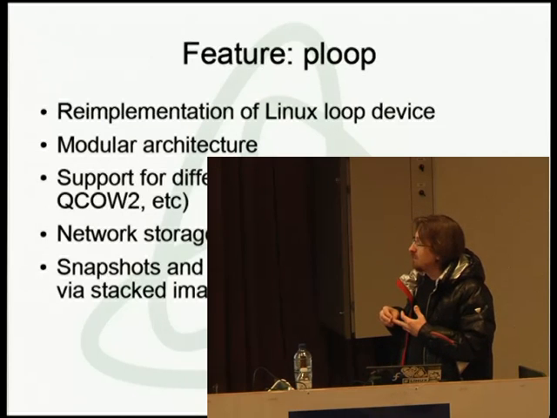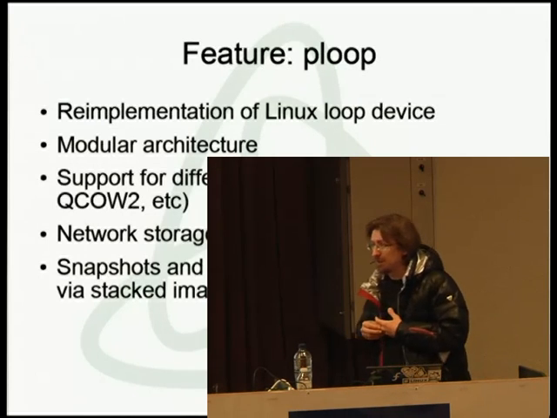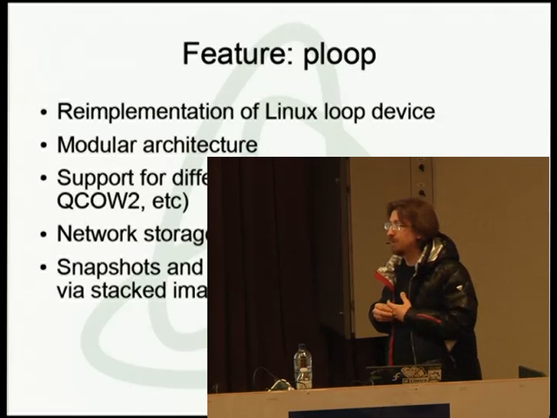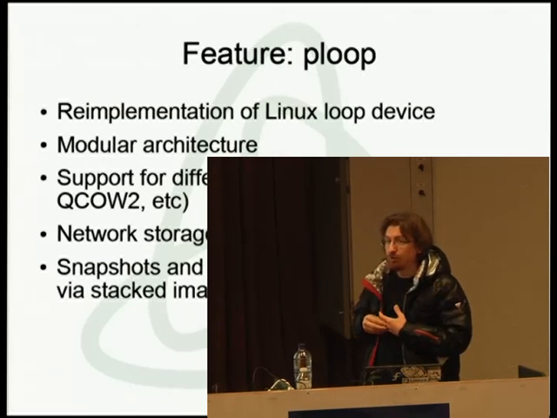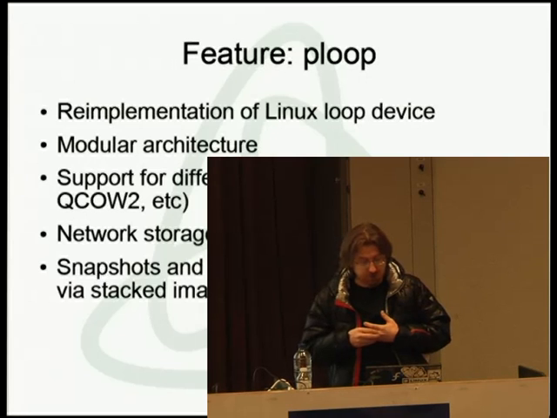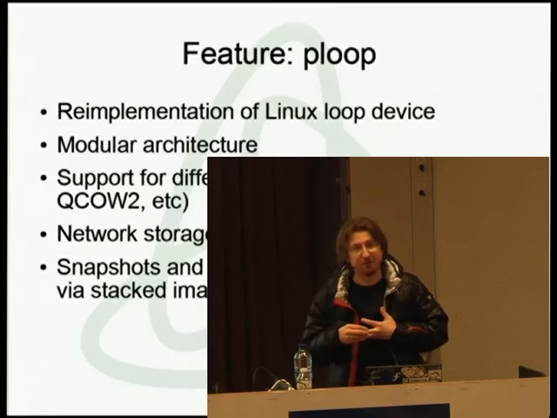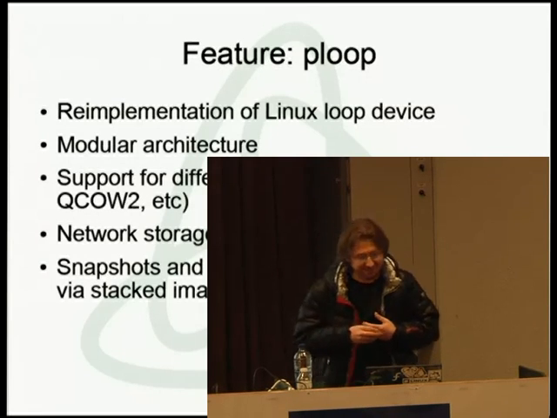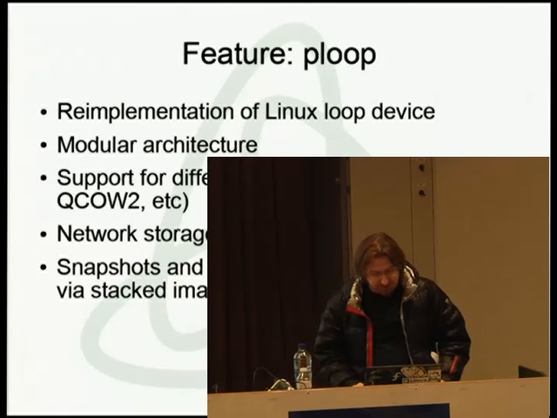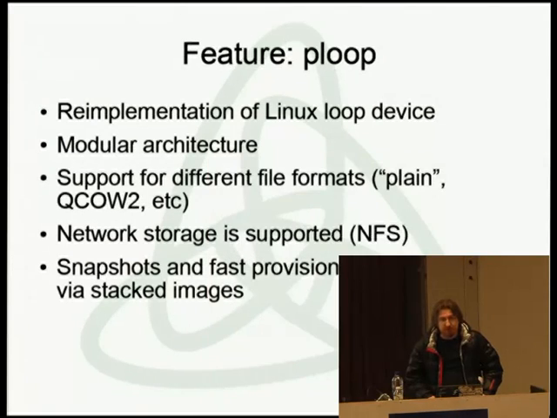So for that, we kind of re-implemented the Linux loop device, but we did it in a modular fashion. So it's not, let's say, a stupid loop device, but an intelligent one that understands different file formats, like those expandable formats. Like you have 4 gigabytes inside the container, but outside the size of the file is the size of the actual files.